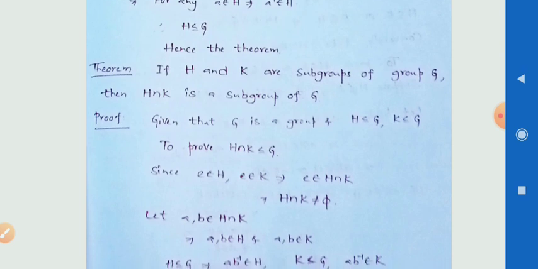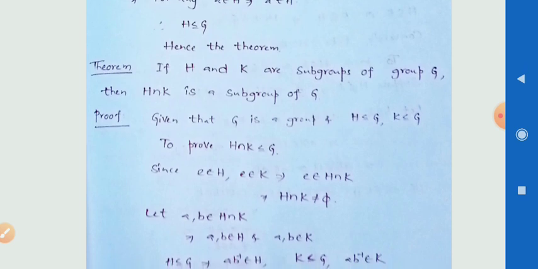Now for this I am showing, given that G is a group, H is a subgroup of G and K is a subgroup of G, to prove that H intersection K is also a subgroup of G. We have to show that H intersection K is also a subgroup of G.